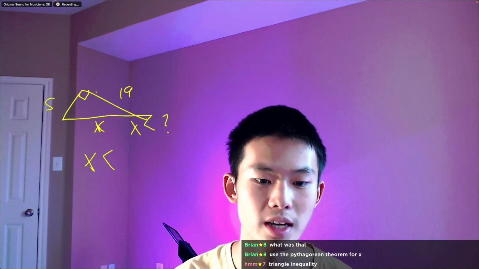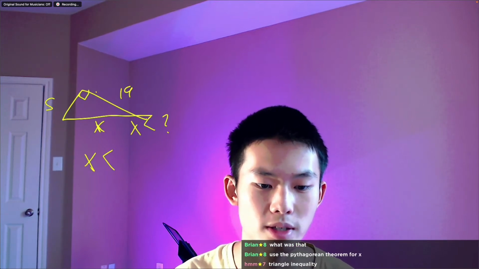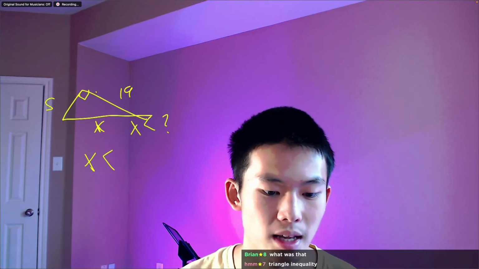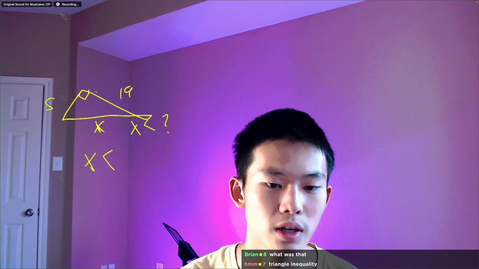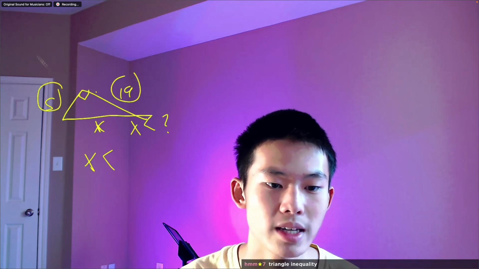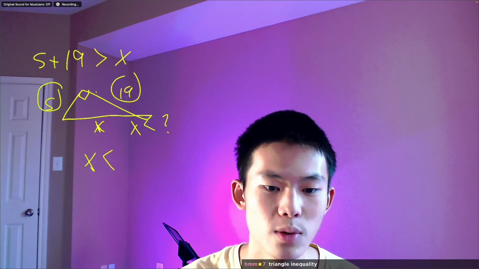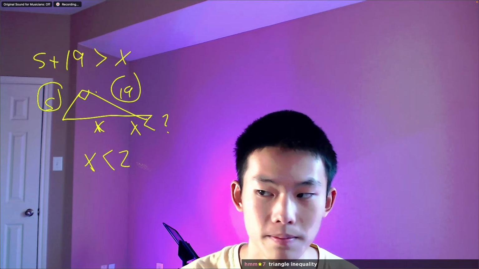The triangle inequality tells us that the sum of two sides of a triangle is always going to be greater than the third side. In this case, two sides of the triangle are 5 and 19. So 5 plus 19 is going to be greater than the third side, which is x. So x is going to be less than 24.